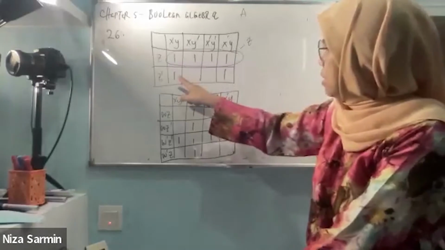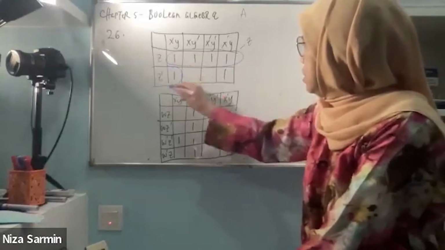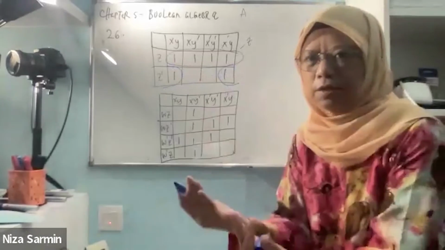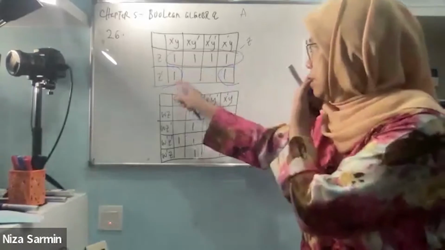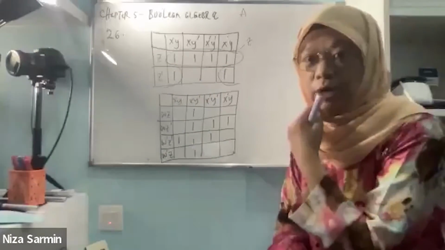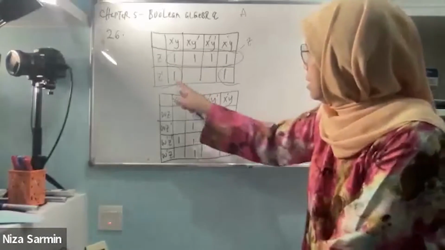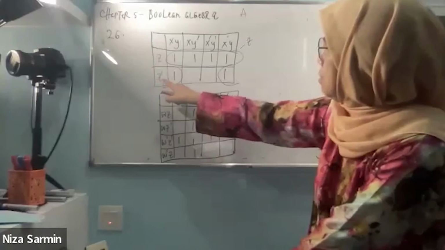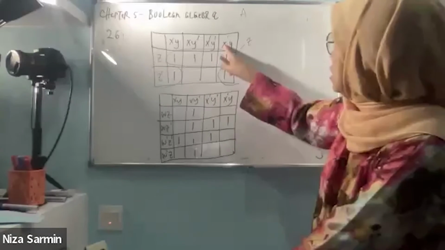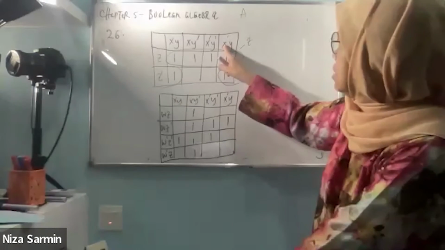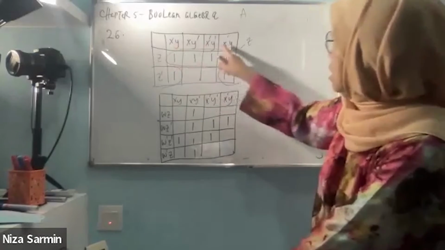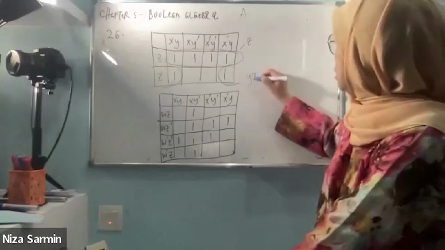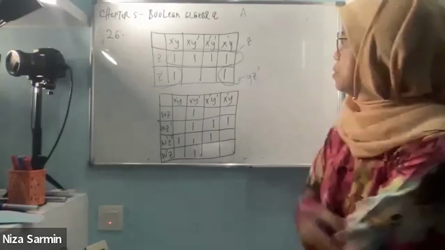But if you combine this and this, because it's a cylinder, right? So this and this becomes also 1. And this, you see, that's Z prime, and this is XY, this is X prime Y. So X prime is covered, so this becomes Y Z prime for this one.